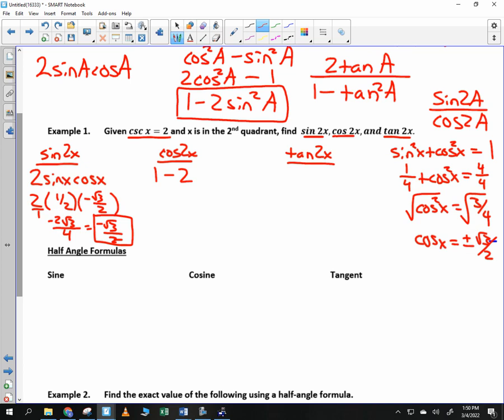What again is sine of x? 1/2. So 2 times 1/2 squared. 1 minus 2 times, what's 1/2 squared? 1/4. 2 times 1/4 is 1/2. So 1 minus 1/2 is 1/2.